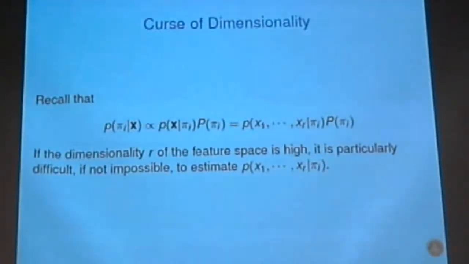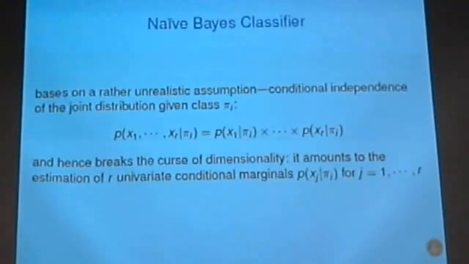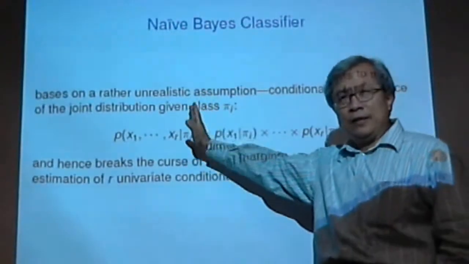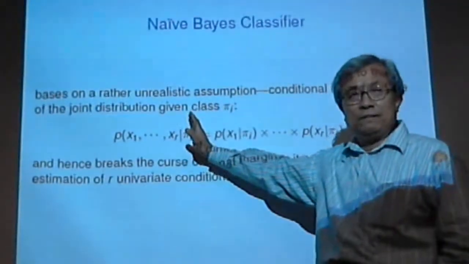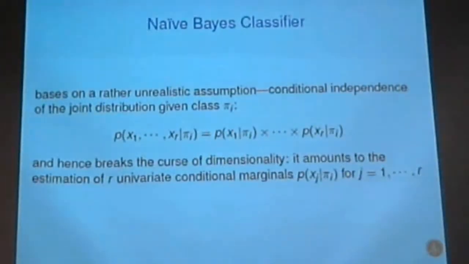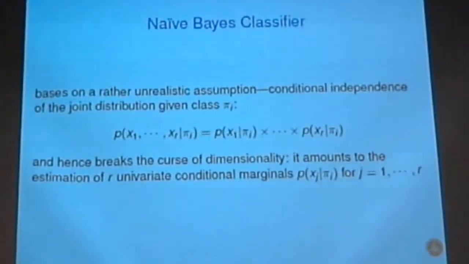It has this very unrealistic assumption. The naive Bayes classifier assumes that the joint conditional distribution, conditional on the class probabilities, is conditionally independent over the prior. That is really a strong assumption.